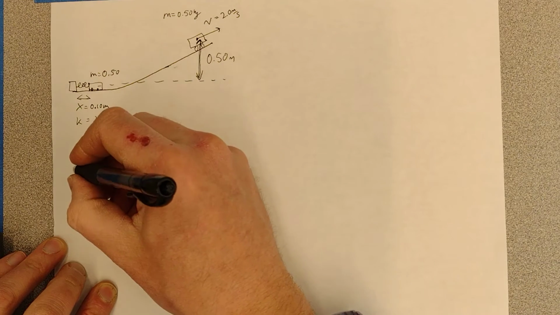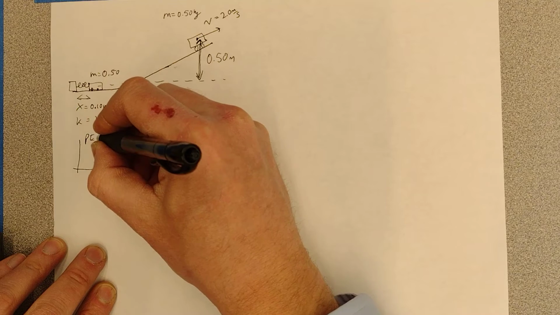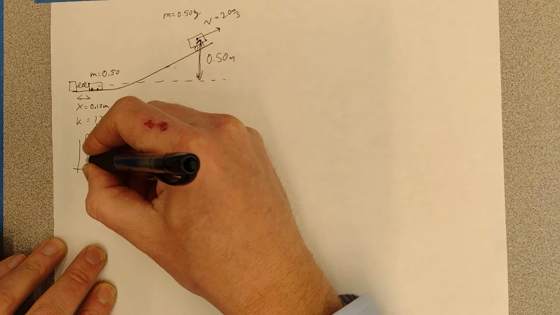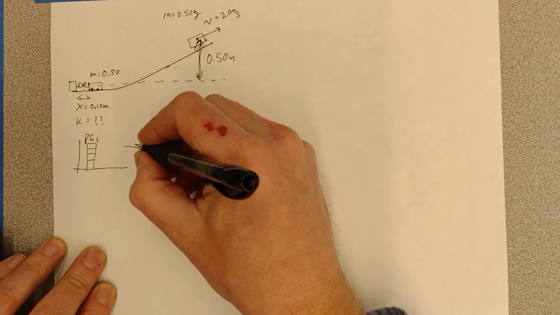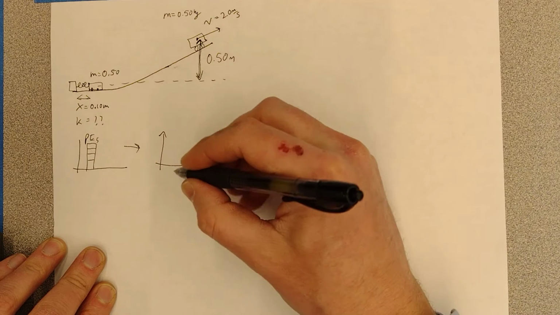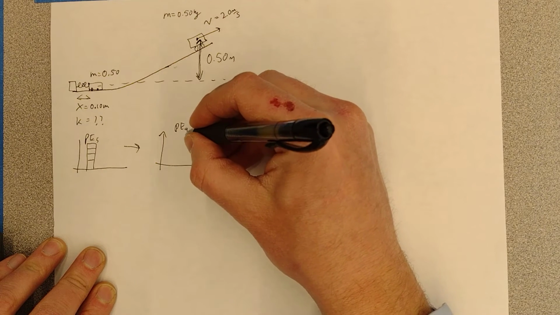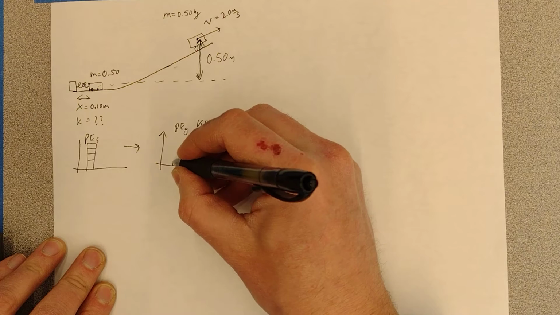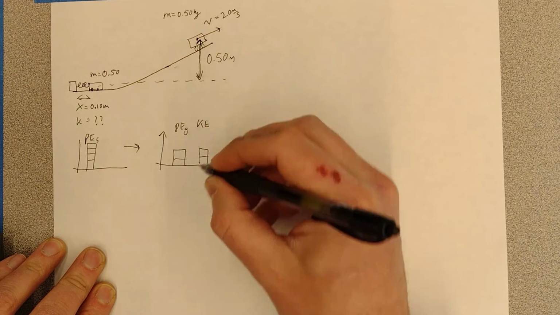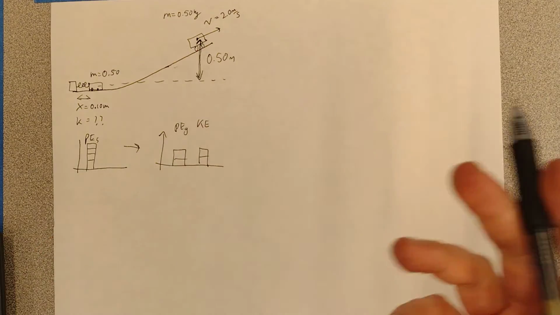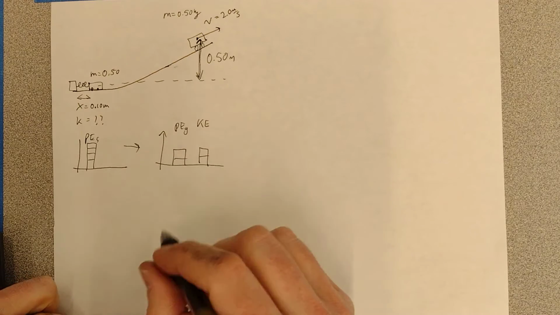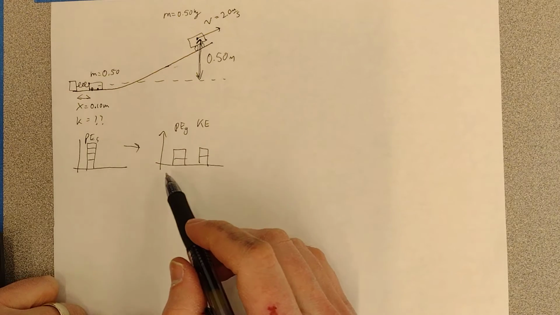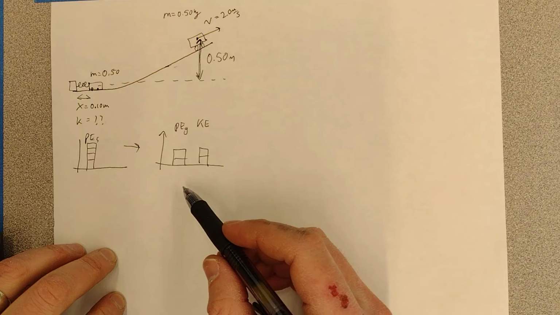So if you think about the bar graphs, it starts off all spring potential energy, right? And then on the way up, that spring potential energy gets converted into PEG and KE. Now, we don't really know what the breakdown is. It's 50-50 or what, so they have to add up. And what that tells us basically gives us the equation that we're going to use, right?